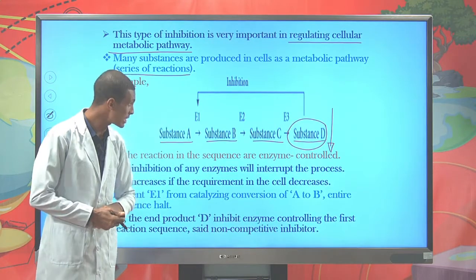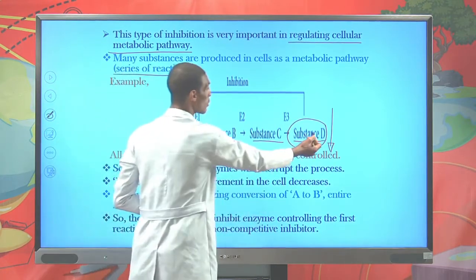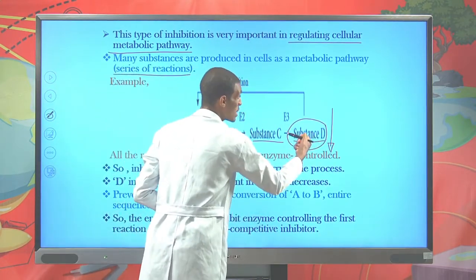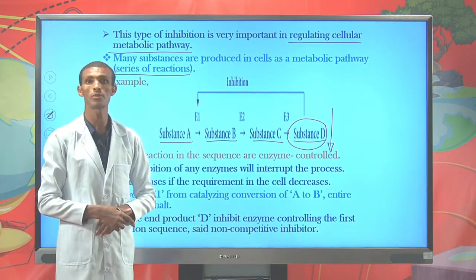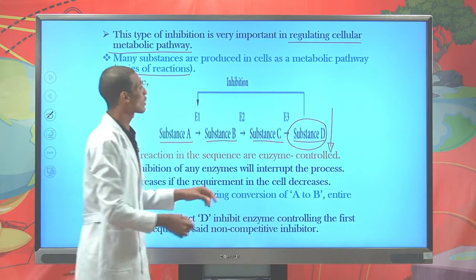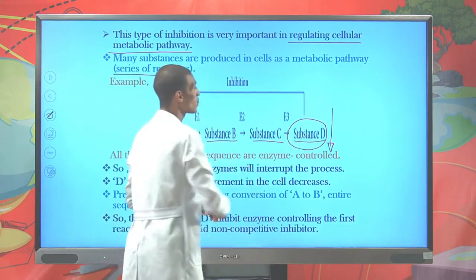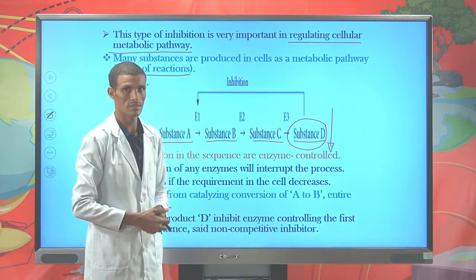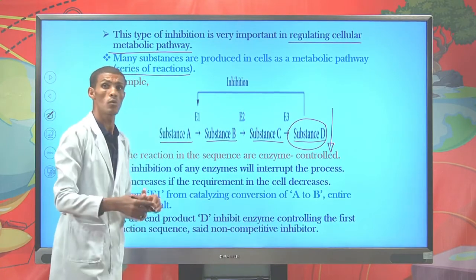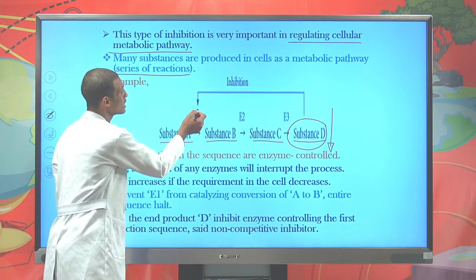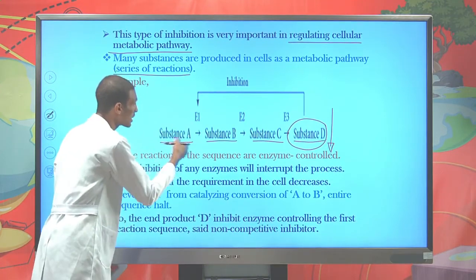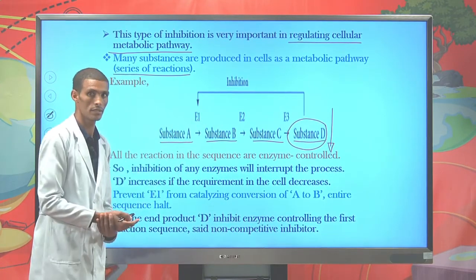But reversely, if the requirement of substance D, or product D, in the cell decreases or is reduced, the concentration of D in the cell is going to increase. This increase indicates that the rate at which enzyme 1 converts is going to be affected.